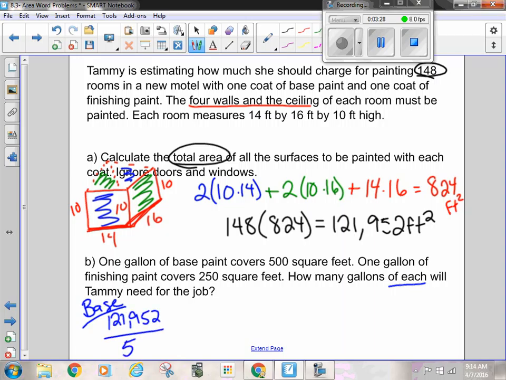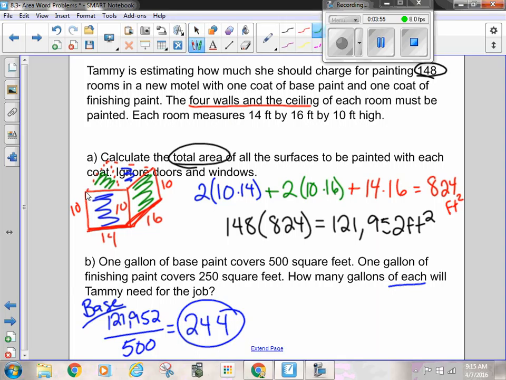If we divide that by 500 feet squared, that's going to tell us how many base coat gallons we need. So punching that into our calculator, we're going to see it's 243 point decimal. We're not going to buy just a decimal of a gallon, so we're going to purchase 244 base gallons.